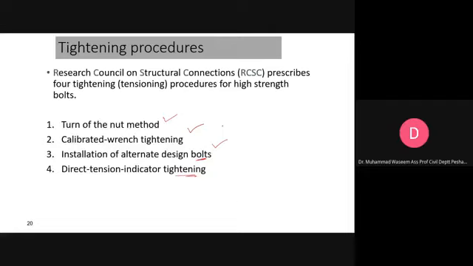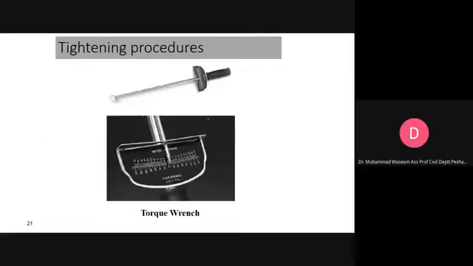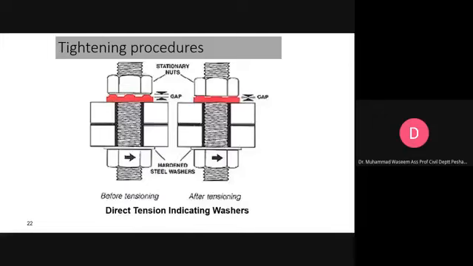Please remember that. In wrench tightening, you need a torque wrench which is graduated, so you can apply a specific torque to a bolt in order to get the clamping forces. Then we have the direct indicating method of tightening, in which you have a washer, and there is a specific gap between the bolt and this washer.